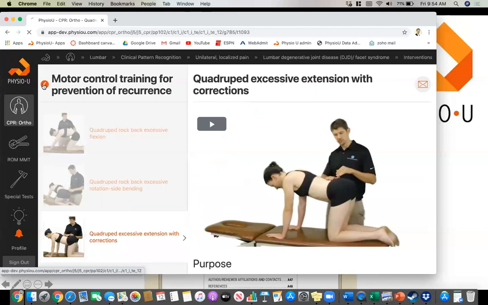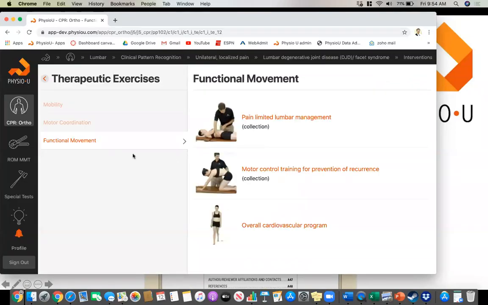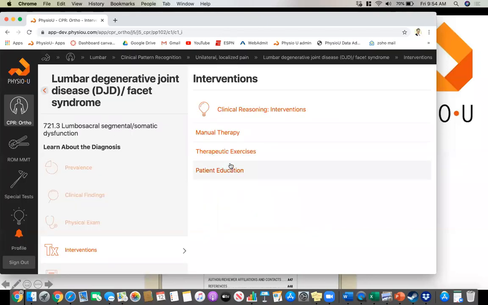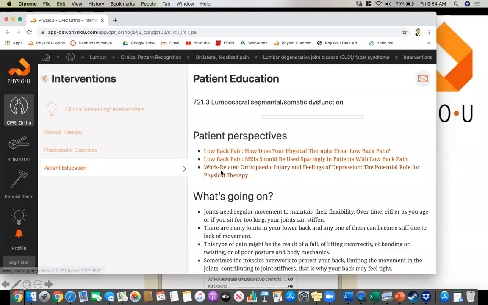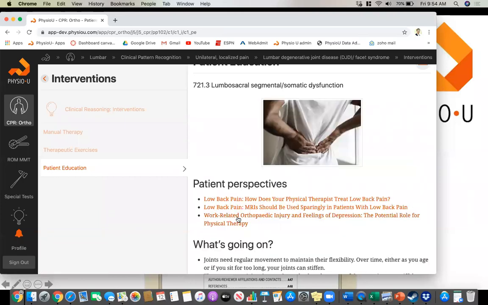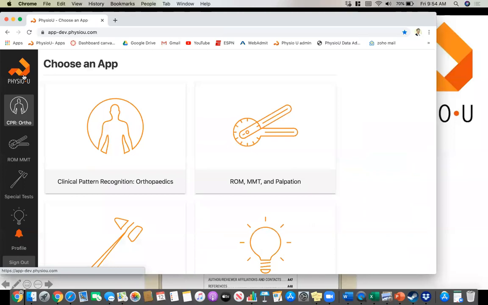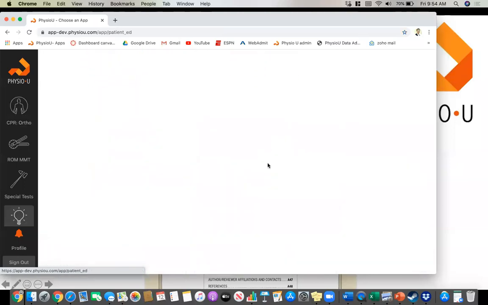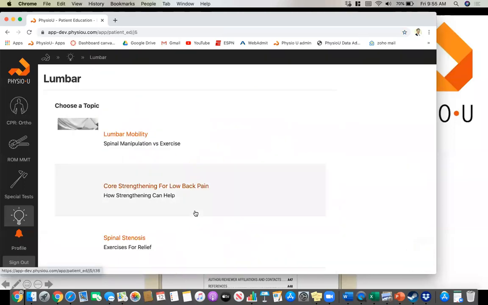Okay, so lastly, we talked about cardiovascular. Patient education, right? Under patient education, it's either built into the interventions component, or there's a whole new app that's just patient education.